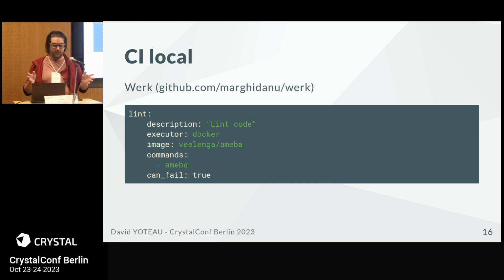Work allows me to define a pipeline locally, and with its executors, it is close to the pipelines I can write in other Docker-based CI, like GitLab CI or drone.io. For example, I can use a local executor, but I prefer to use locally the same executor I use in remote CI, so I configure it like that.